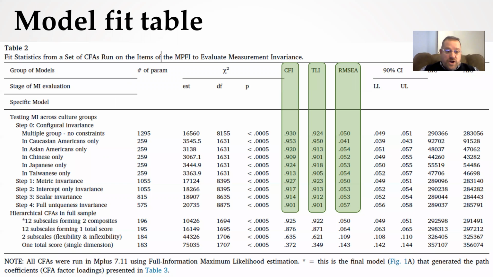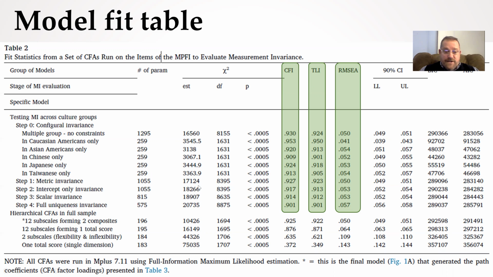And we were able to show, so this is the multiple group with no constraints, testing configural invariance. And you can see it has reasonable CFI and RMSEAs and TLIs. Then we showed it tested in each of the individual groups separately. Then we added in the metric invariance constraints, forcing the pattern factor loadings to be identical, and only got a slight shift. Still good fit.